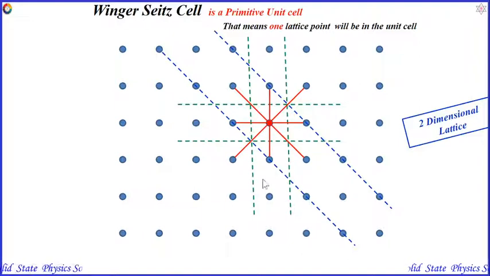Another thing we can get: suppose this is a point of junction, and if we go up to this, after this distance there is a lattice point, and the same distance on the other side also it will touch or pass through a lattice point. So it will pass perfectly through the lattice points.